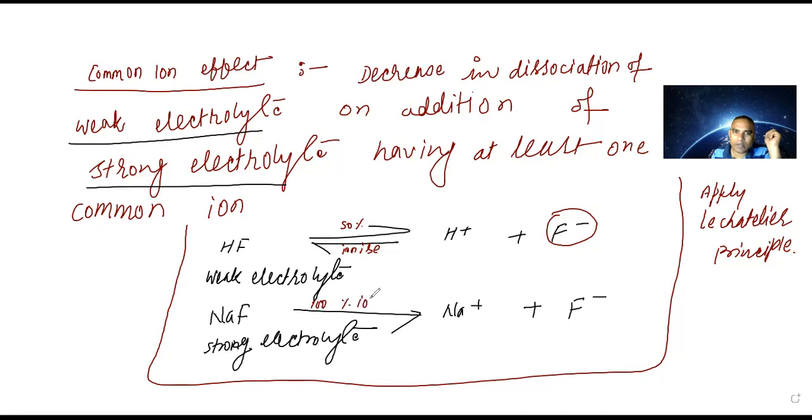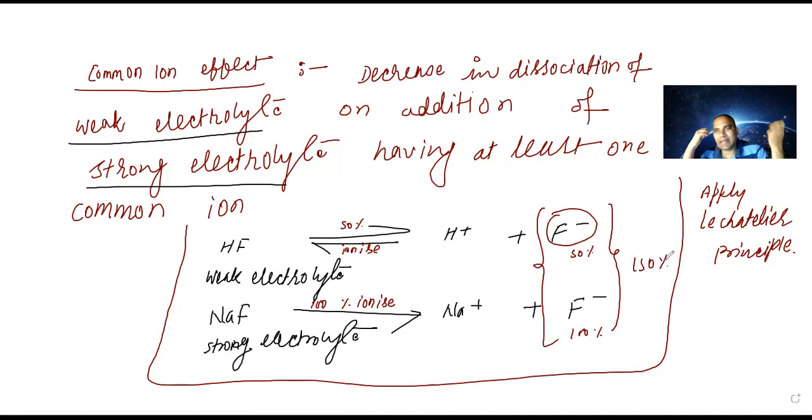If I ask you, will the F minus ion concentration on the product side be high or less? If we add F minus, see, it is 50%, it is 100%, so it is going to be 150% total as a whole.